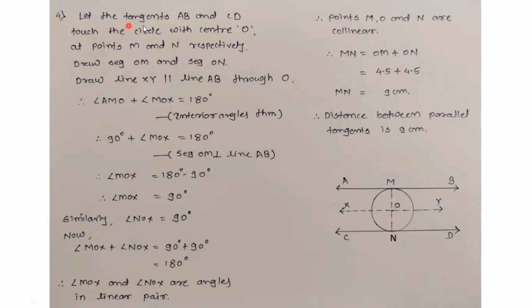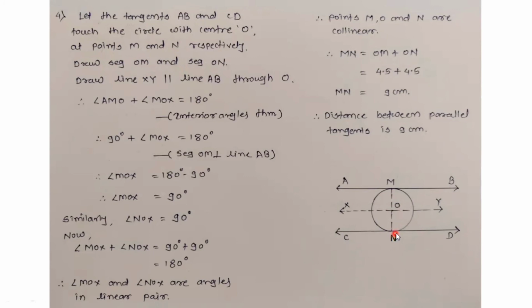To start with, let the tangents AB and CD touch the circle with center O at points M and N, which is given. Now we have to draw segment OM and segment ON to find the length of MN.